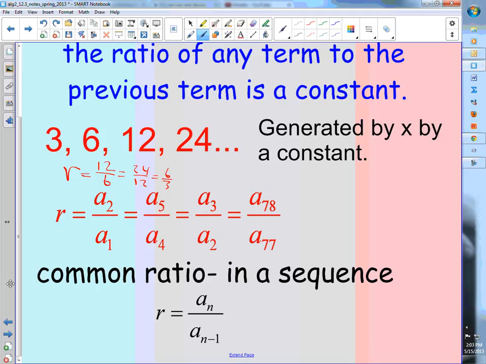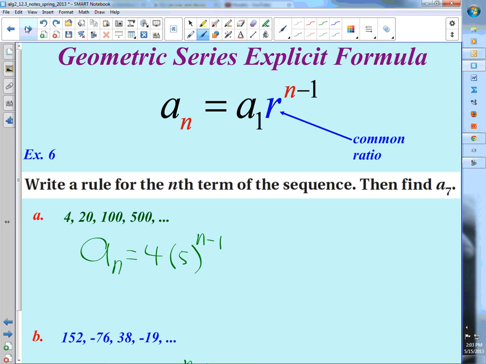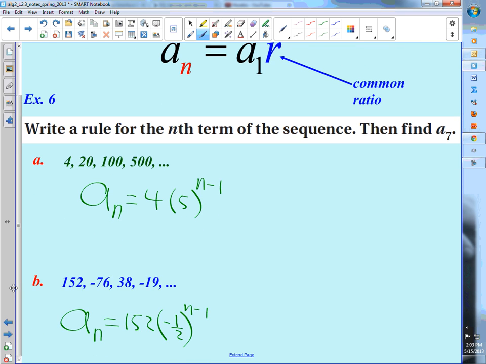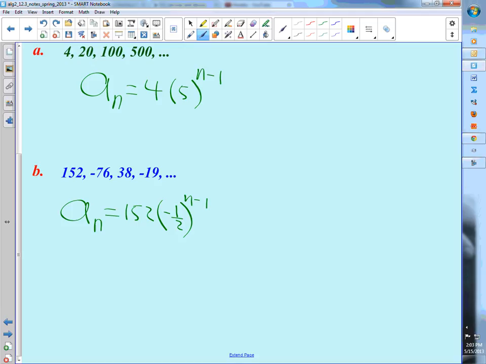They are always generated by multiplication, even though you can look at it and say, of course I'm dividing. I'm dividing by negative 2, dividing by negative 2, dividing by negative 2. I agree with that. But geometric sequences have to be multiplication. So you take any term divided by the previous term. That's where the negative 1/2 comes from. Multiplying by negative a half is the same as dividing by negative 2.